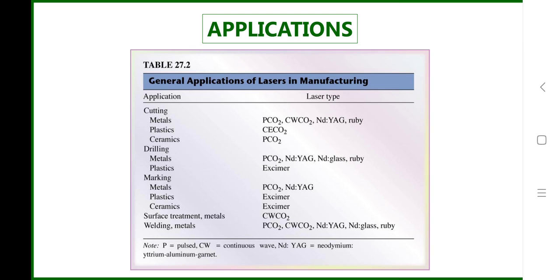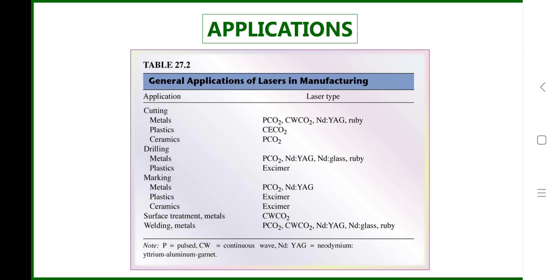Here I will highlight some applications of laser beam machining. Here I have given two columns. One side is the application and the other is which kind of laser we can use for that application. So the first category is cutting. For metal, plastic, ceramic, we have different types of laser.